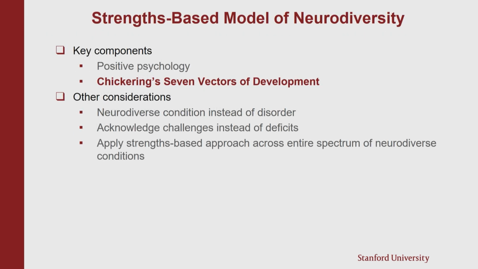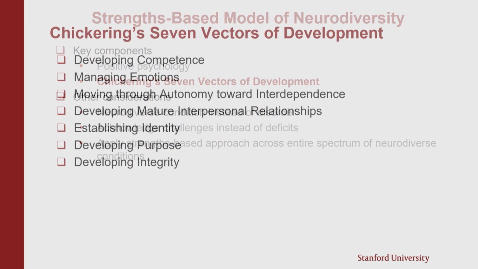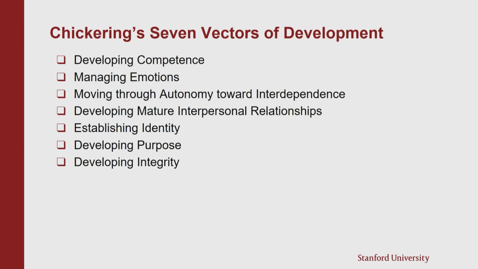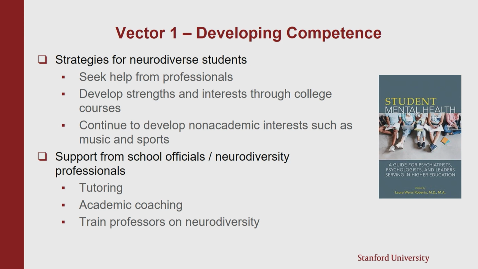The other part of the strength-based model of neurodiversity is the 7 vectors of development posed by Chickering, also a Stanford education professor, Chickering. Harvard.